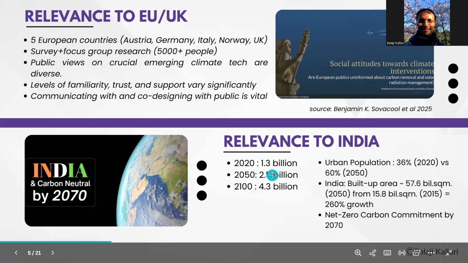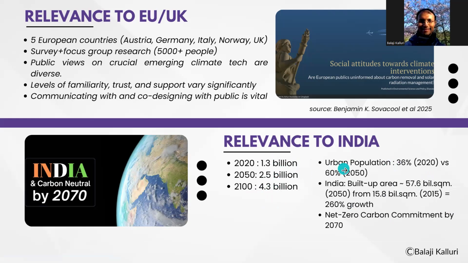Now, sorry, this is the population of the country trends, but the urban population is also written alongside. So 36% of the population were living in cities by 2020, and 60% is expected by 2050.